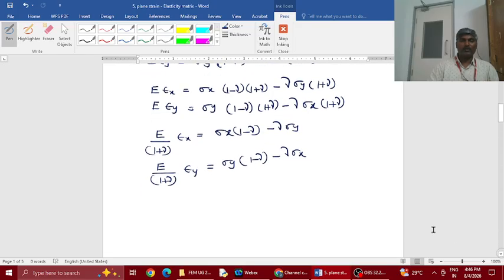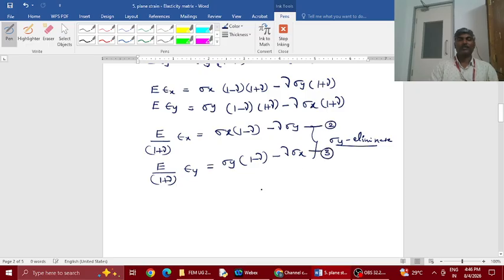Now from these two equations I need to eliminate, let us say, sigma y. Let us say this is equation number 2, this is equation number 3. If I want to eliminate sigma y, in equation number 2 you have nu multiplied by sigma y, whereas in equation 3 sigma y is multiplied by 1 minus nu.